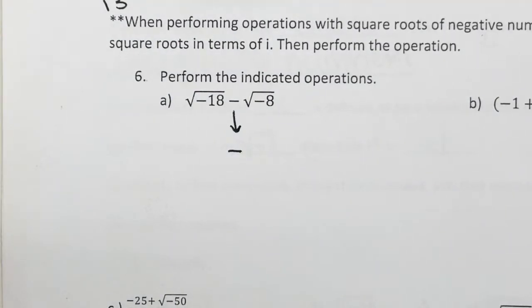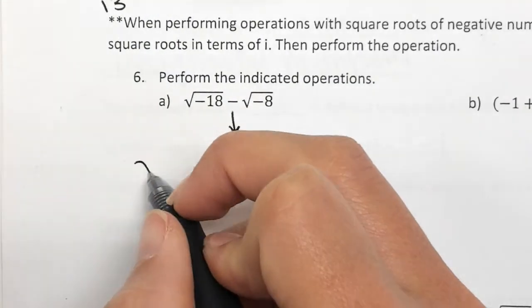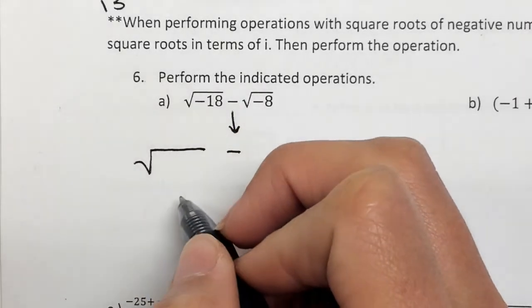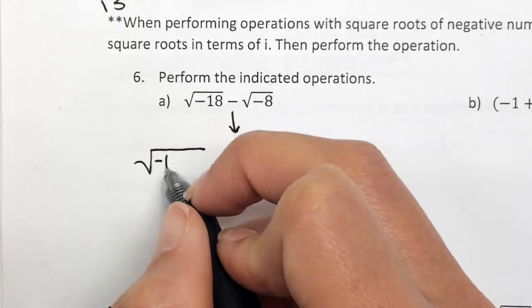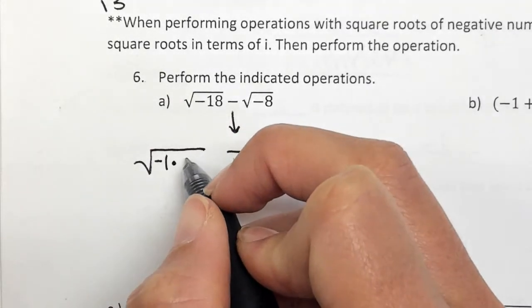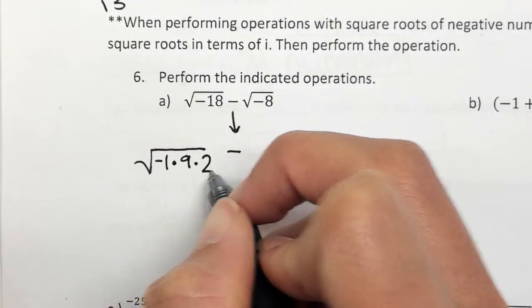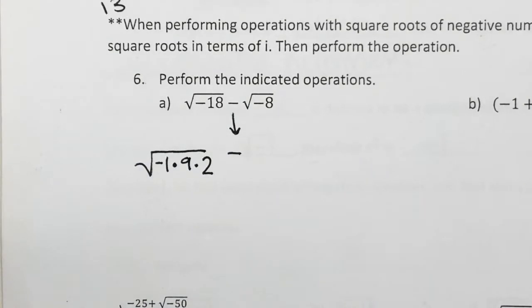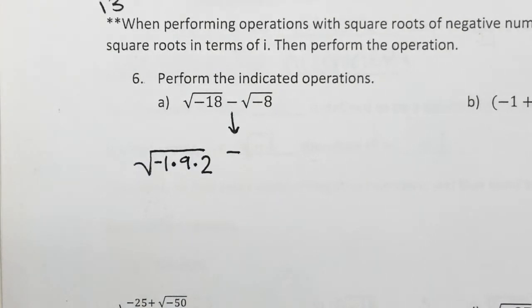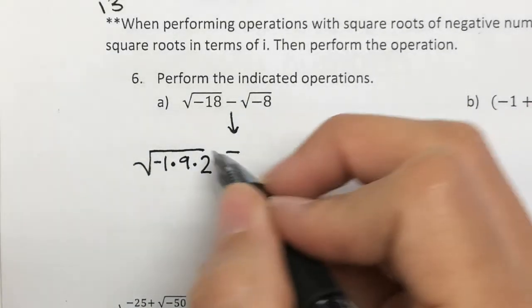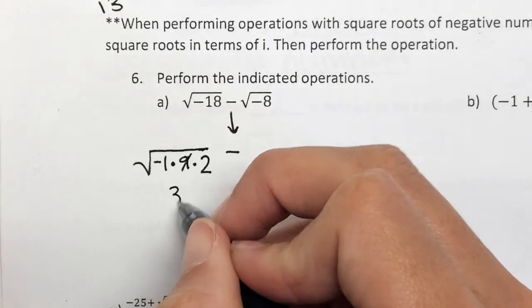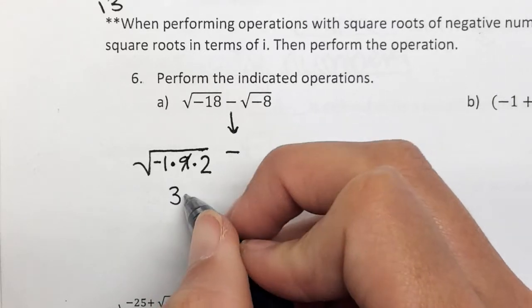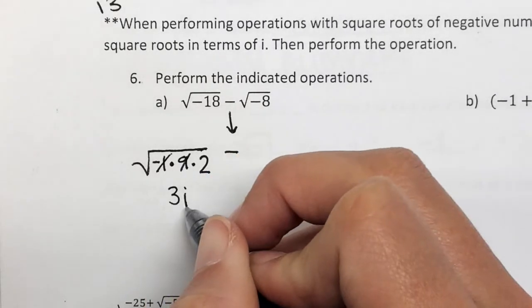How can we simplify the square root of -18? Negative sign, but what else is a perfect square that goes in here? Good. So I'm going to break it up into -1, because I know the square root of that, 9, because I know the square root of that, and 2. So what's the square root of 9? 3. What's the square root of -1? i. What's the square root of 2?